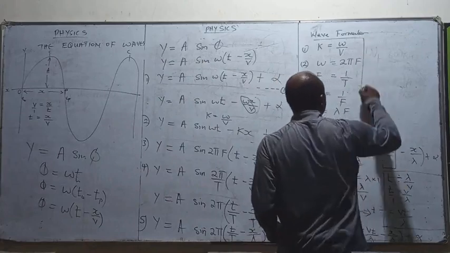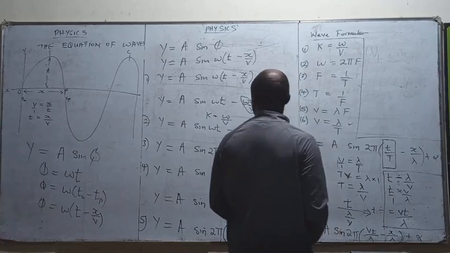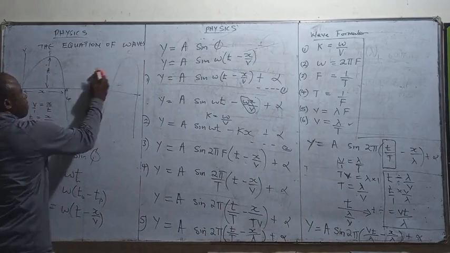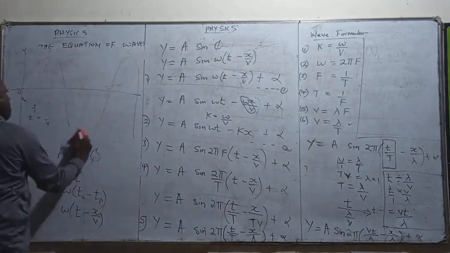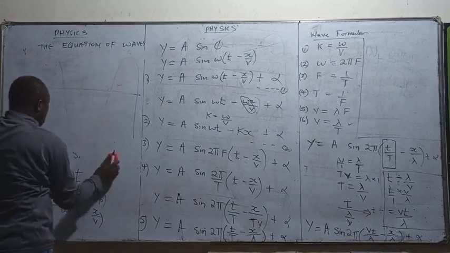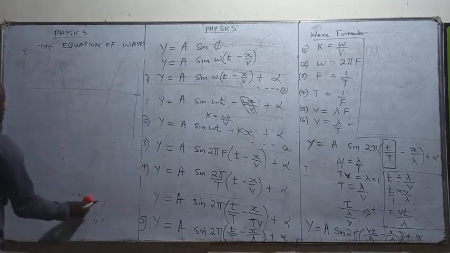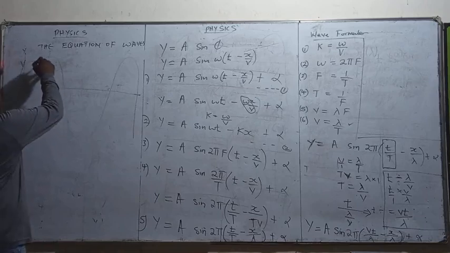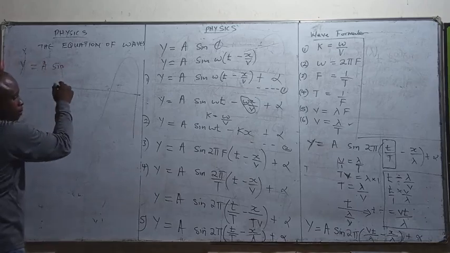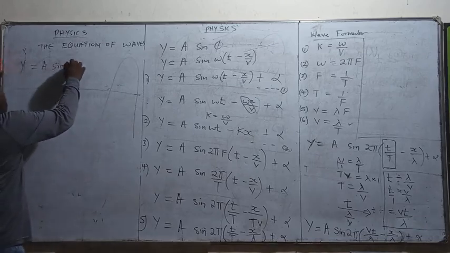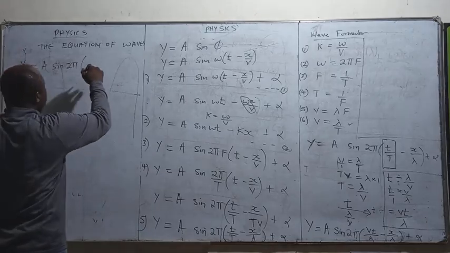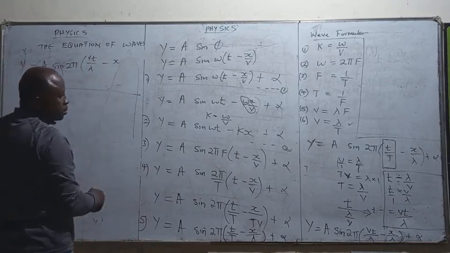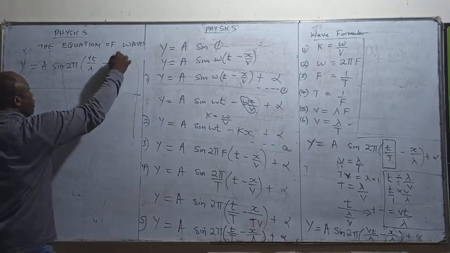Now let me write that equation again. The equation reads that y is equal to A sine 2 pi bracket vt over lambda minus x over lambda plus alpha.